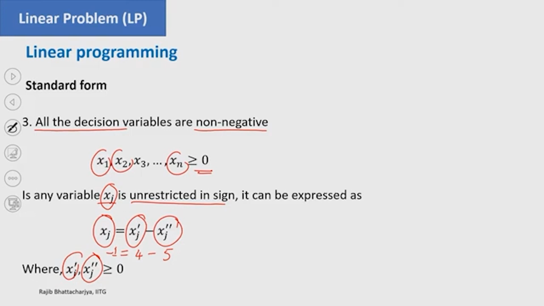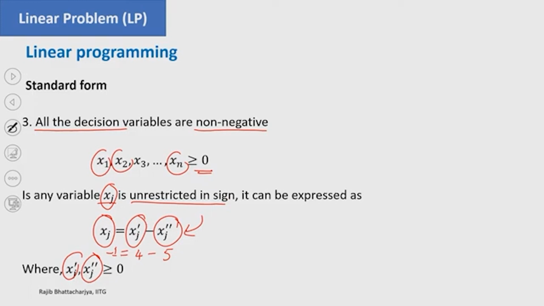So if you have a variable which is unrestricted in sign, I can write that variable like this with two other positive variables, and the result x j will be negative.